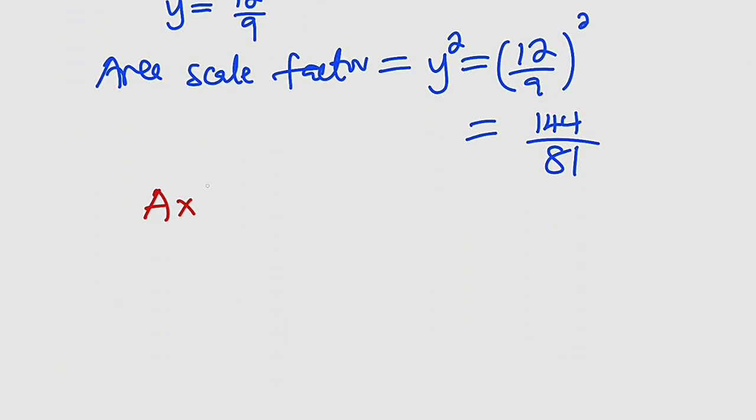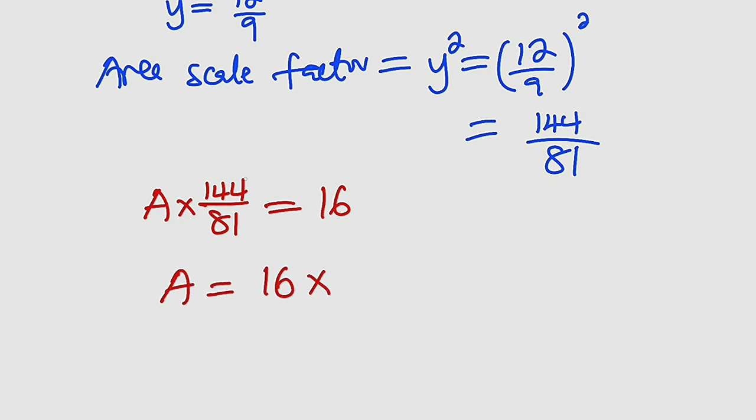If we multiply this 144 by our small area divided by 81, it will give us the big area, which is 16. So to find this small area, we can divide both sides by 144 divided by 81, or we can multiply both sides by the reciprocal, all the same. A is equal to 16 multiplied by the reciprocal of this, which is 81 divided by 144.